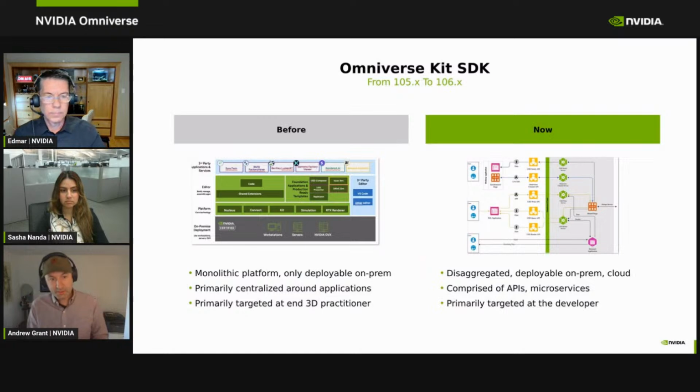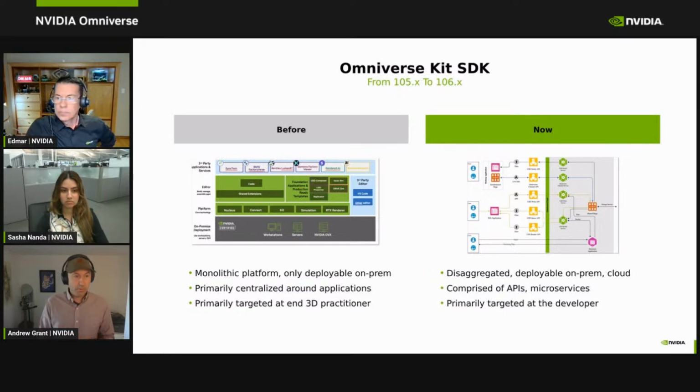Now we're moving towards focusing on developers being able to develop their own tools. It was always supposed to be that way, but now we're really doubling down and making sure that it's usable by developers to make their own apps, as a disaggregated platform. We want to be able to deploy locally, on-prem, on the cloud, building APIs, microservices, and all that. That has been our focus, and that's where we're going.